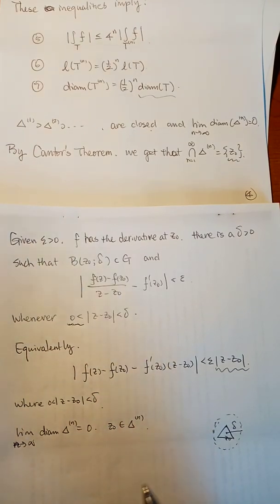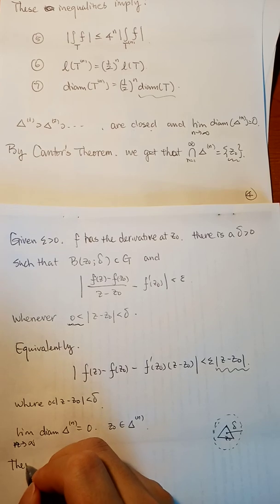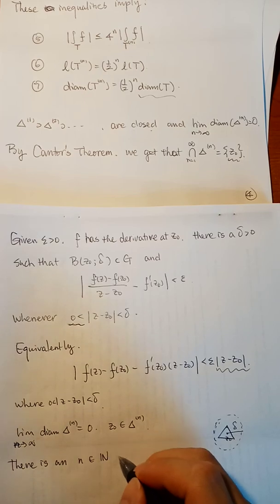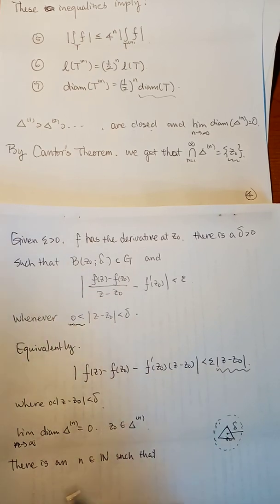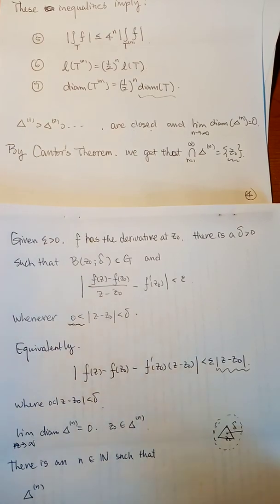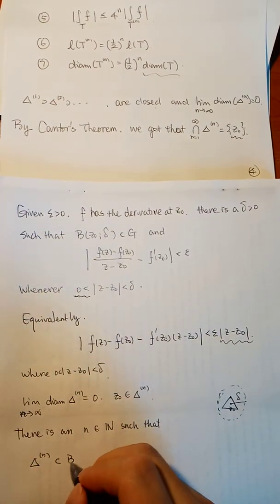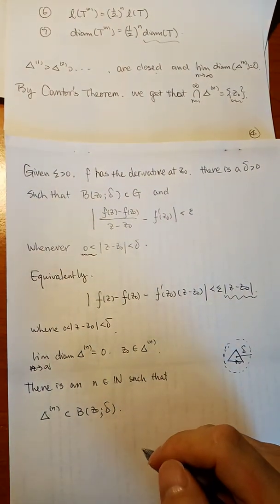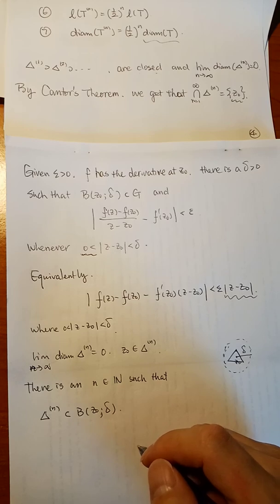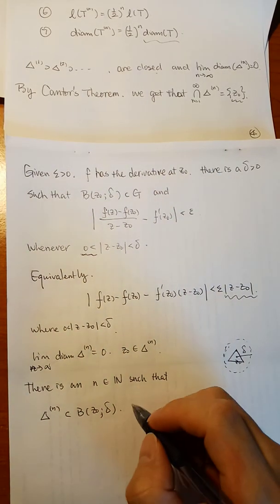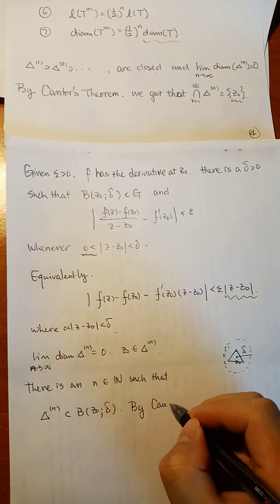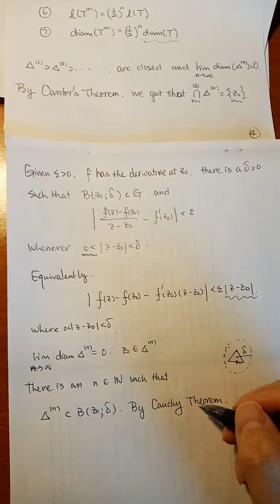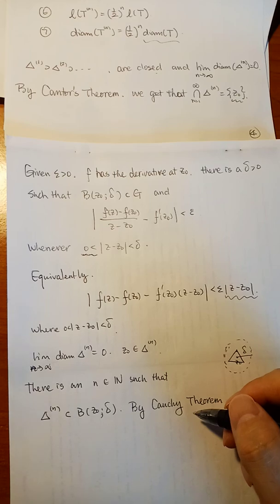Okay, so there is an n in the integer set such that the delta n belongs to the open disk centered at z0 with radius delta. Okay, so by the Cauchy theorem, what is the Cauchy theorem? The integral of an analytic function over a closed contour is 0.